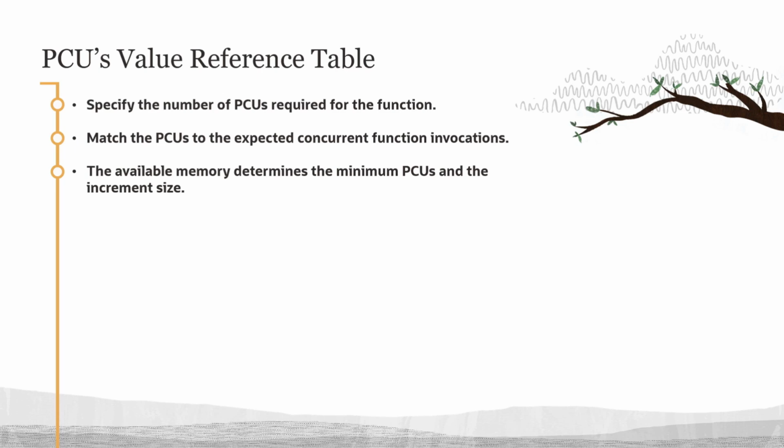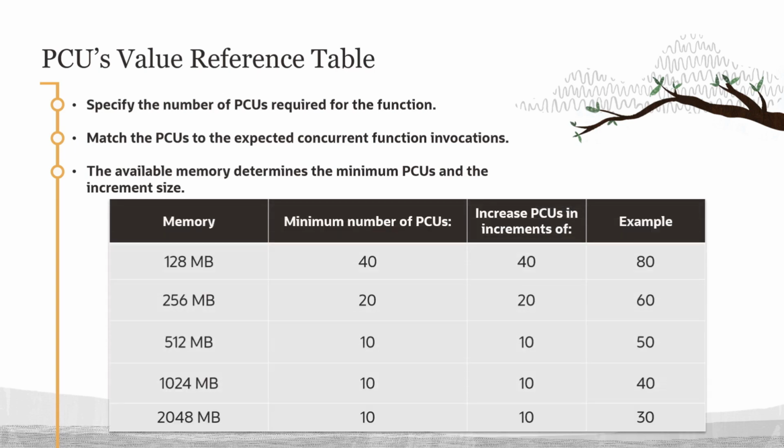This ensures that your function has the necessary resources for optimal performance and minimal latency. By carefully specifying PCUs and understanding the relationship with the available memory, you can ensure that your functions are always ready to handle incoming requests with consistent sub-second response times.